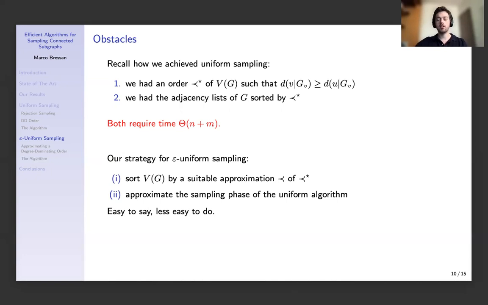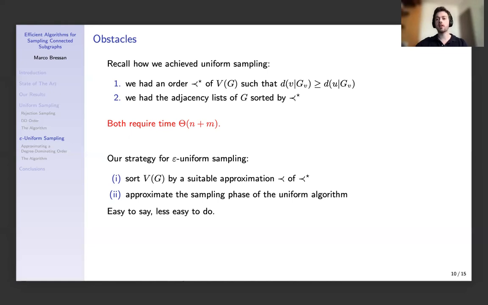Now, this is easy to say, but less easy to do, because what you will try first doesn't work. For example, you might think, let's just sketch the graph G by taking, for example, n log n random edges from G. And then let's compute a degree dominating order over this subsample of G. Well, that doesn't work.